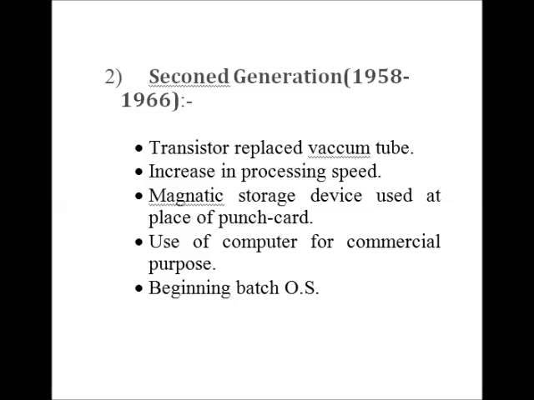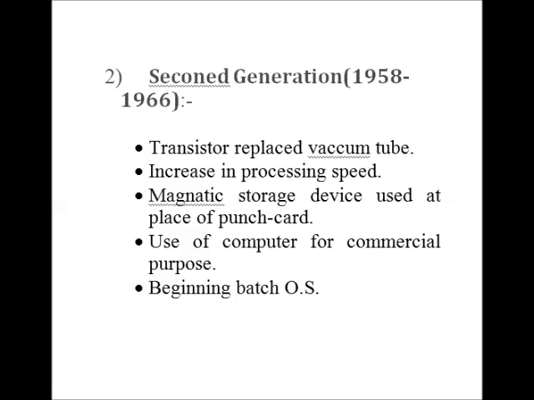In comparison to the first generation, processing speeds were increased in this generation. Magnetic storage devices began to be used. In this generation, storage devices were made of magnets, increasing storage capacity.